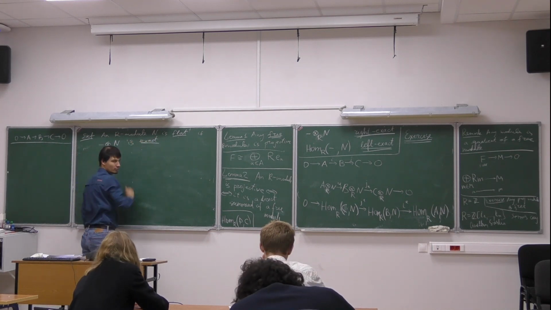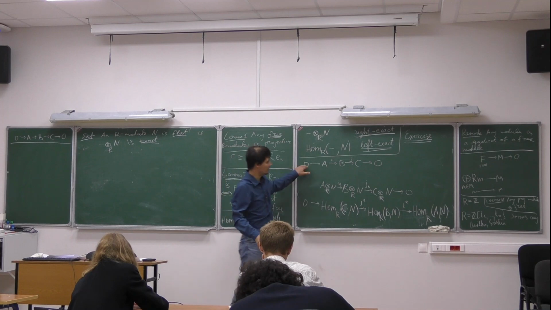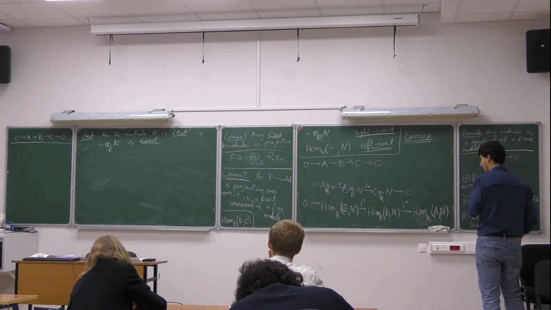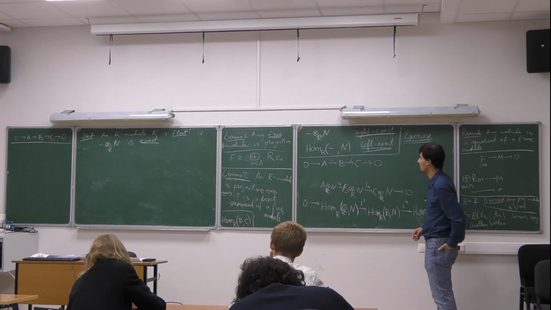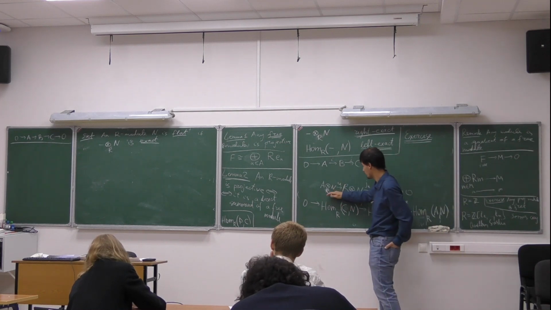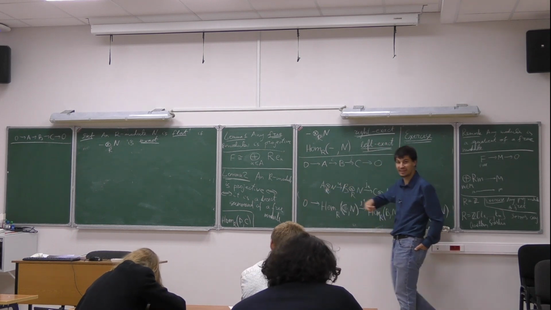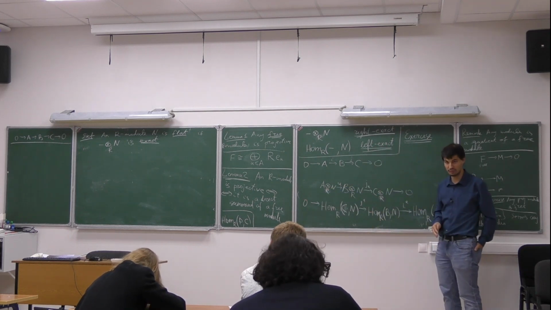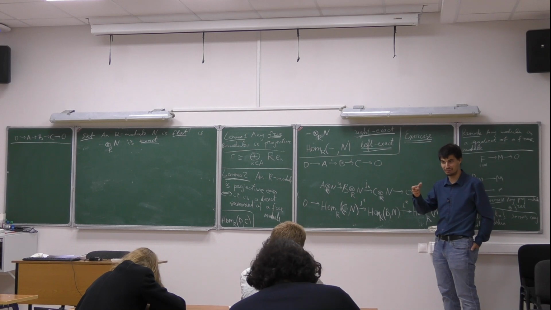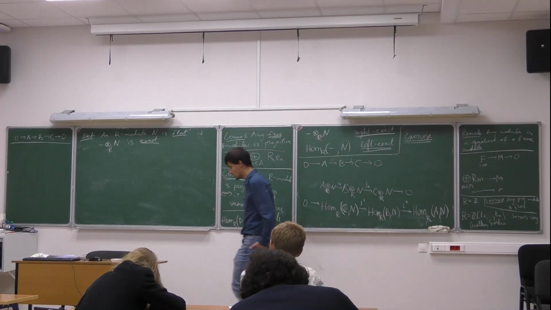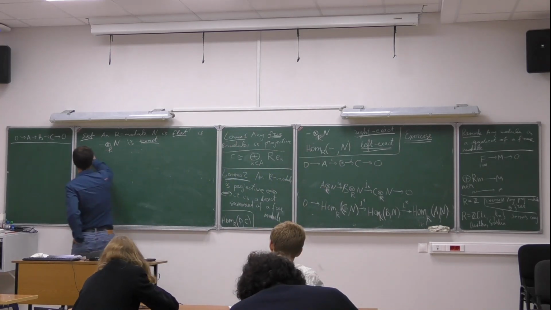So a short exact sequence will go to a short exact sequence, and then any exact sequence will go. Any exact sequence can be decomposed into short exact sequences. So then any exact sequence will go to an exact sequence.